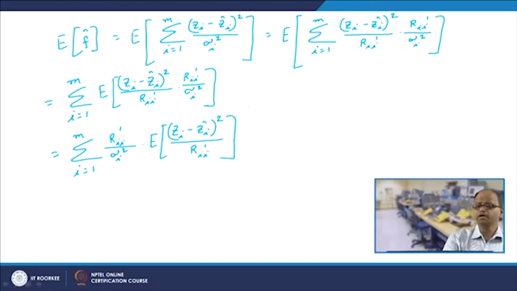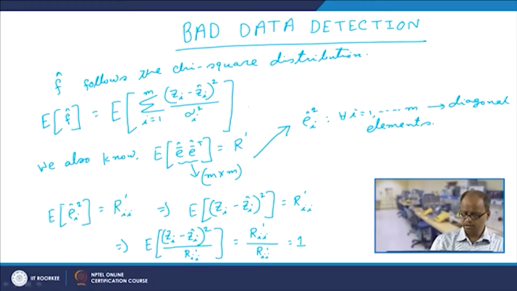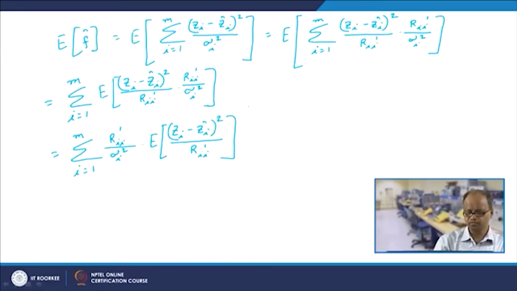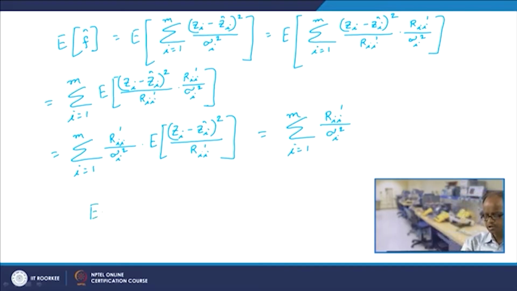Now, this quantity we have just seen is equal to 1. So, it turns out to be the summation i equal to 1 to m of (R i dash by sigma i) whole square. So, this is a very important relation.